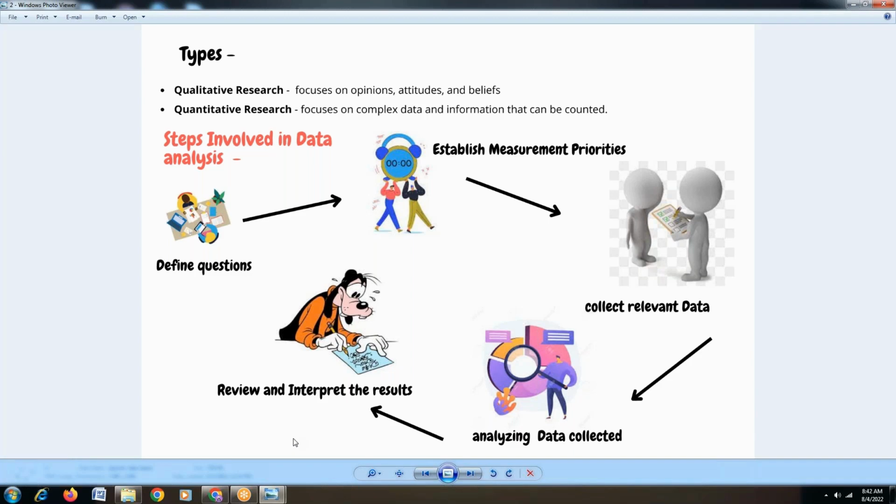Based upon the priorities, whatever relevant data is to be taken into account has to be taken. For example, a retail store wants to know what kind of FMCG products can be sold more in future. On what basis will they know this? Based upon the present information we have.